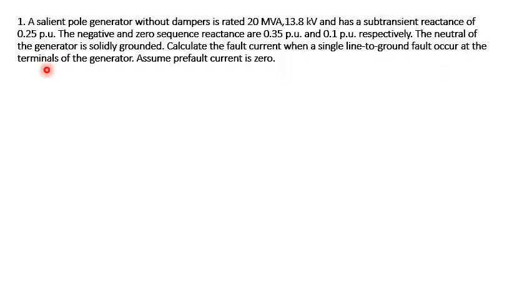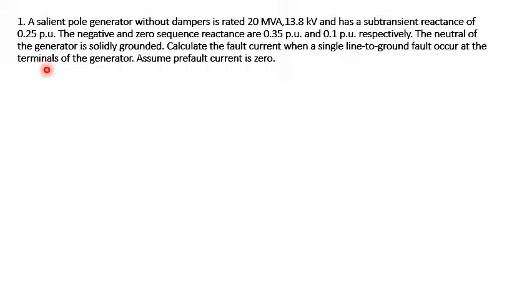Based on these concepts only we are going to solve the numericals. Unnecessarily calculating all the parameters and finding the fault current is not necessary. We should keep in mind what expression is necessary to solve the particular numerical.